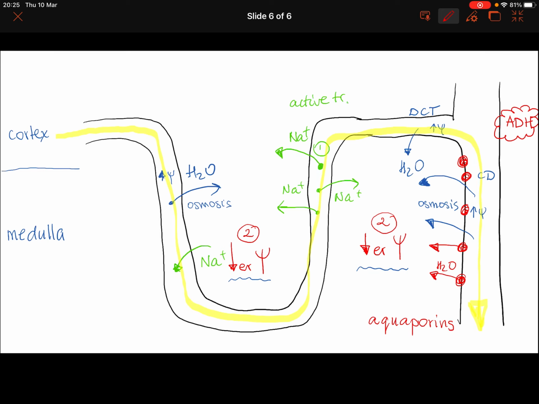Okay, what we need to remember here about the job of ADH is to further help out with the reabsorption of water in situations when we are dehydrated. Most of the questions that you will see on ADH are asking you about the volume and the concentration of the urine.